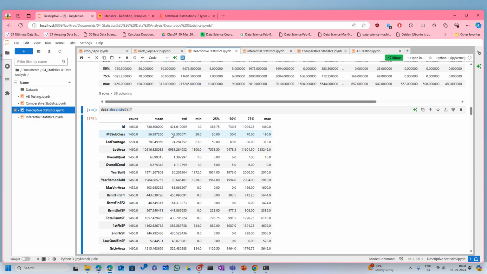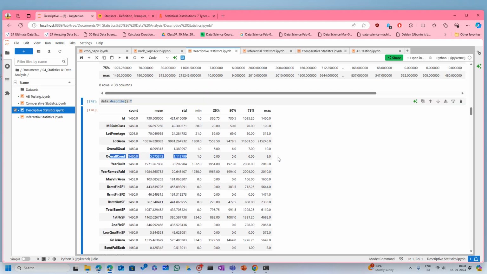If the standard deviation was very, very low, like this value, then it is close to a normal distribution. But here the deviation is huge, which means the values are spread high. I will show you what the plot looks like for MS subclass versus overall condition, then you will understand.